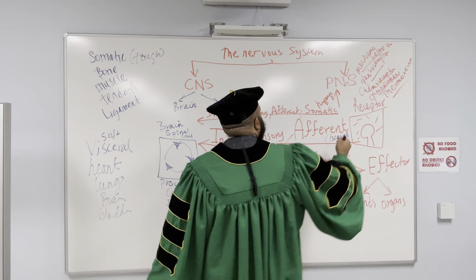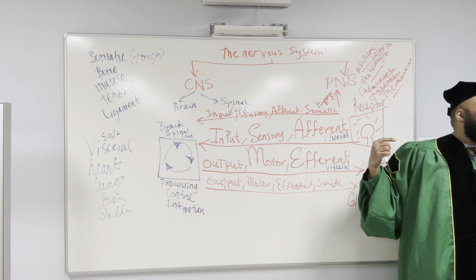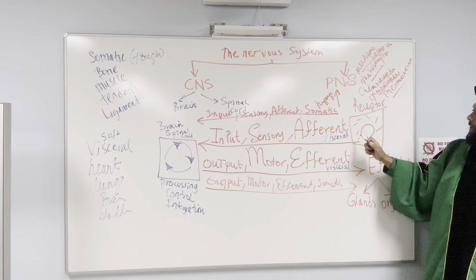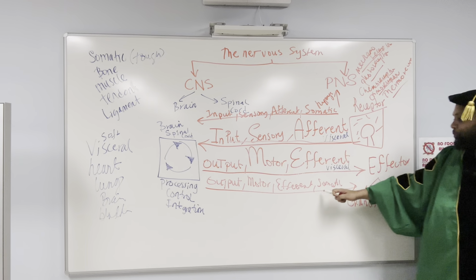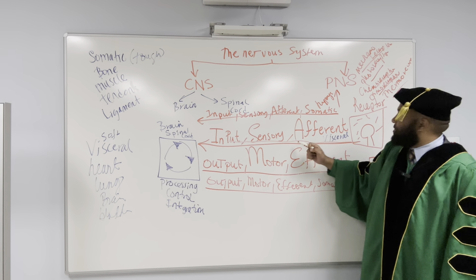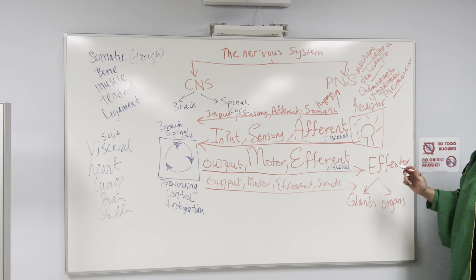So that means you call for a fire truck in Staten Island, you're going to get a fire truck in Staten Island. You're not going to get a fire truck in Brooklyn. Same thing. You send the input, sensory, afferent, visceral, the output is going to be output, motor, efferent, visceral. You send in an input, sensory, afferent, somatic, you're going to get an output, motor, efferent, somatic.